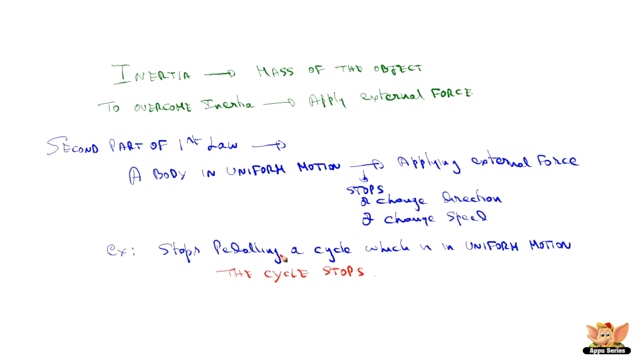Because by stopping pedaling, the cycle has changed its state from uniform motion to stop, because there is no external force applied. By pedaling, we give external force to the cycle. Now the external force is removed.